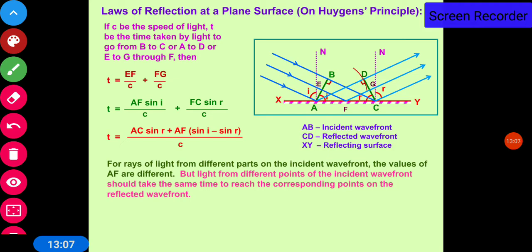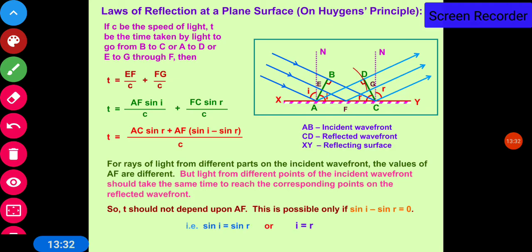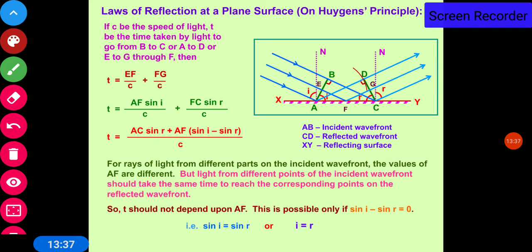But light from different points of the incident wavefront should take the same time to reach the corresponding points on the reflected wavefront. So t should not depend upon AF, because AF is changing. This is only possible when this term is equal to 0. Since AF cannot be equal to 0, we can say sin I minus sin R is equal to 0, or sin I is equal to sin R, or I is equal to R, which is the law of reflection.